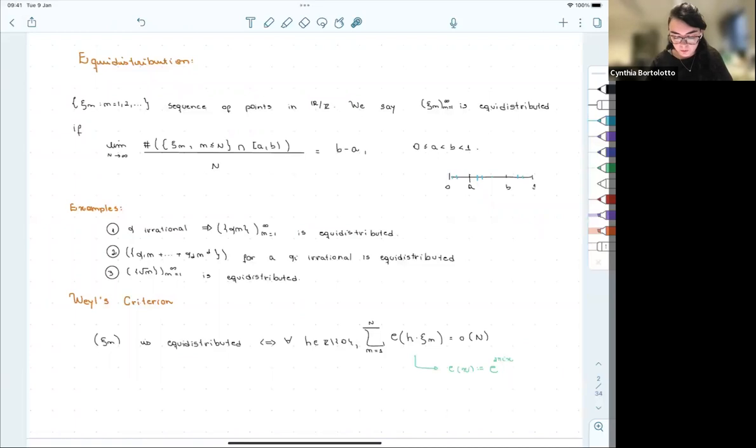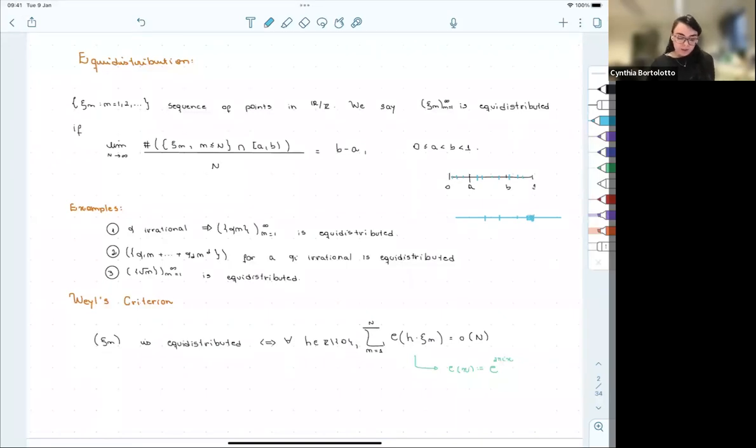So equidistributed is just what we actually imagine when we say this word. It distributes well. We don't expect to have some place where the sequence agglomerates, but it's well distributed along the interval.